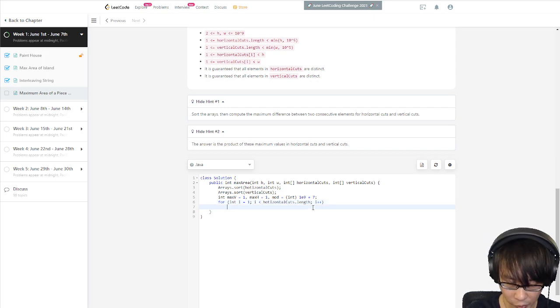So I would say max h equals to Math.max of max h or horizontal cuts i minus horizontal cuts i minus 1.